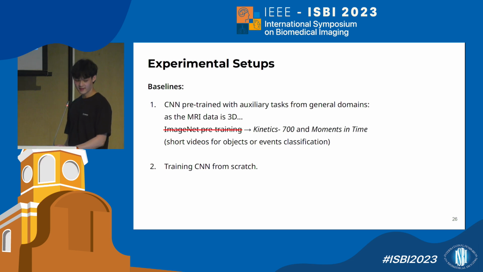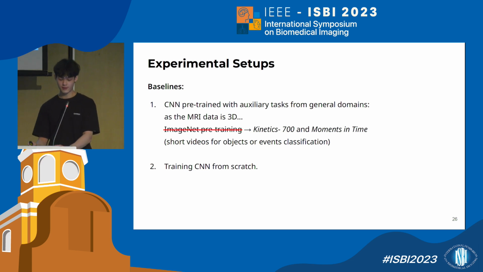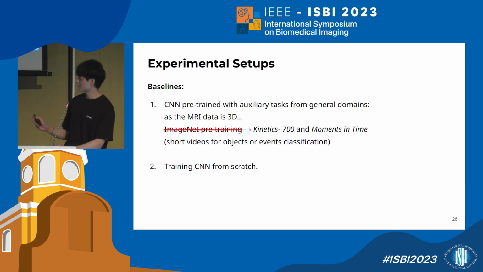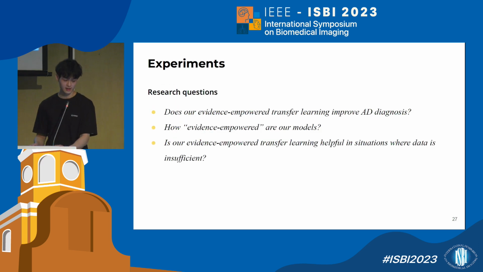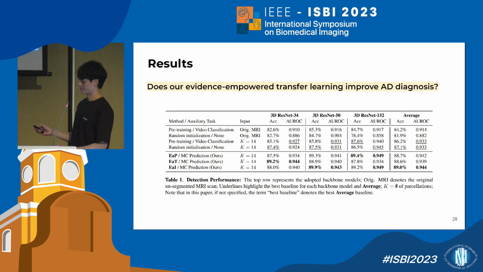For baseline, we use the pre-trained CNN and the randomly initialized CNN. As the inputs are 3D images, instead of ImageNet, we use a combination of 2 large-scale 3D datasets of short videos, which has been widely utilized to train 3D CNN. Our experiments are guided by 3 research questions.